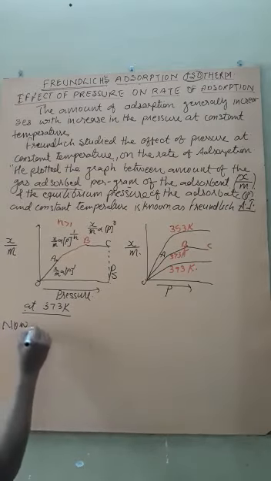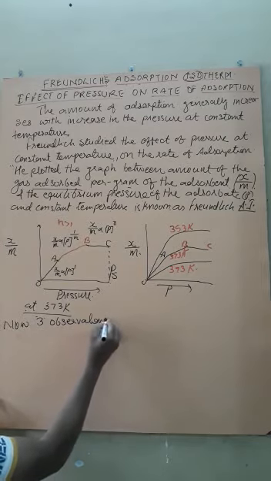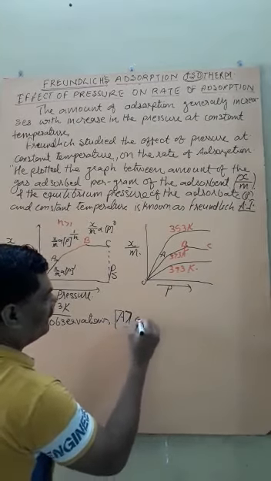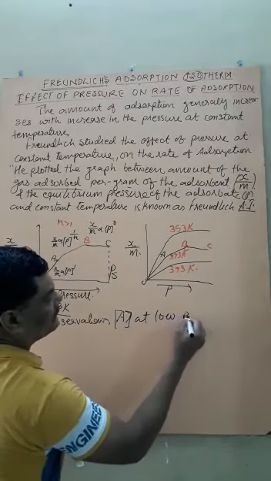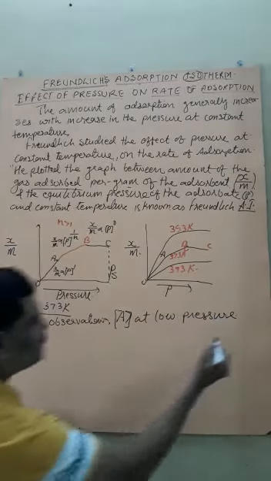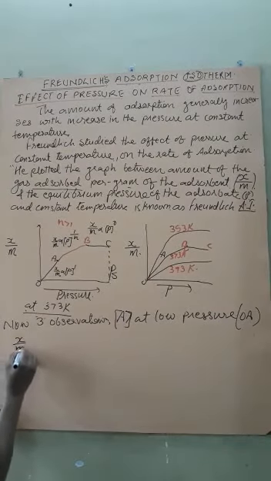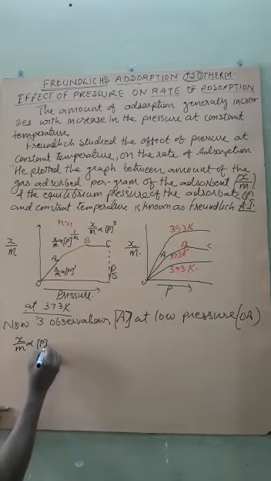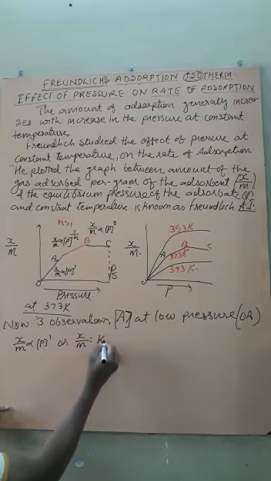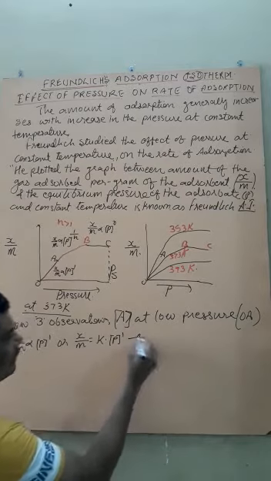Now three observations are there. Observation number A: at low pressure, you can call it OA, x by m is directly proportional to P to the power 1, or x by m is equal to K into P to the power 1. This is equation number 1.